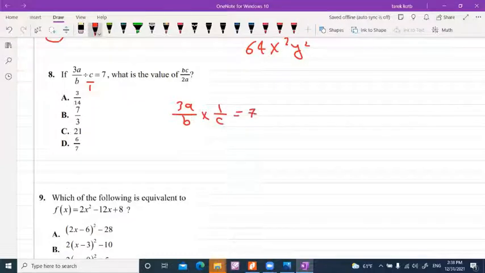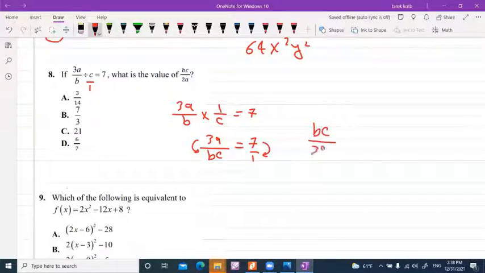Good. And then you multiply b by c, it will be bc, and this is 3a over c equals 7 over 1. I want to get bc over 2a. So flip this and flip this. It will be bc over 3a equals 1 over 7.